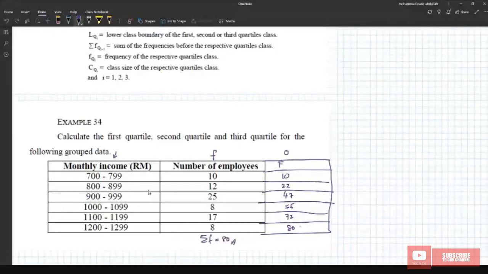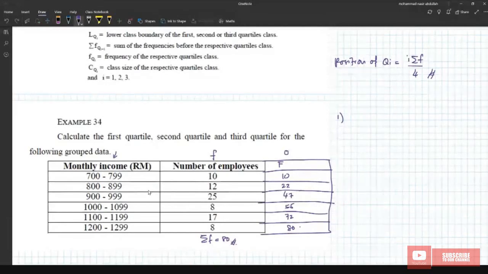Right. So first step is we need to find the position of quartile. Let's say position of quartile I is equal to I multiplied with summation of F divided by 4. So this is the formula of calculating position of quartile.